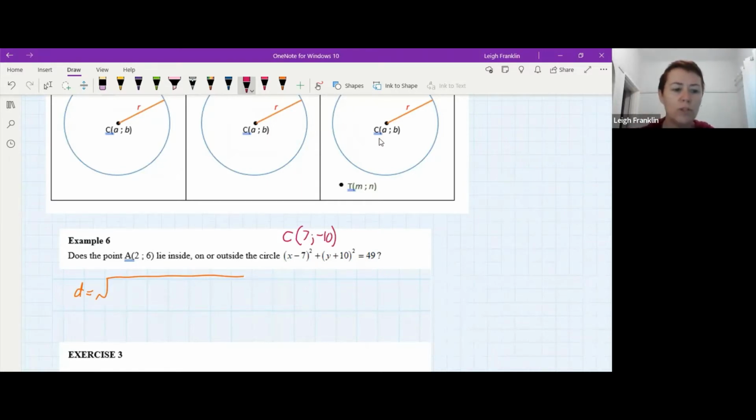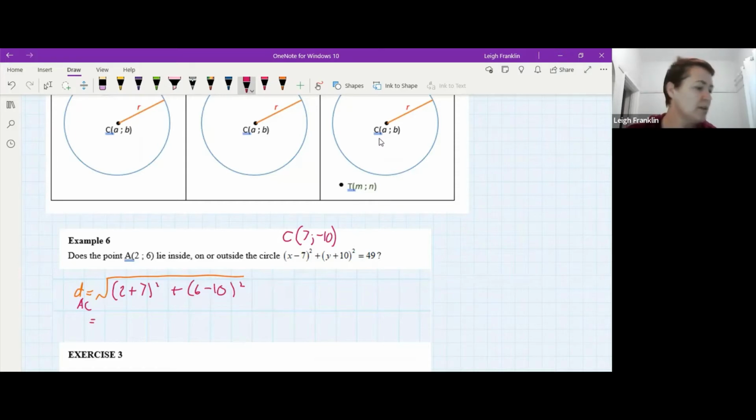Now what you are doing is calculating the length of AC. When we sub into the distance formula, hopefully all of us know the distance formula really well and don't have to look at it on our formula sheet. It's the square root of the difference between the x's squared, so this would become (2 - 7)², plus the difference between the y's squared, so this would become (6 - 10)², like so.